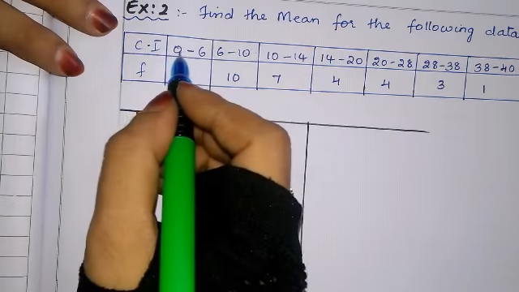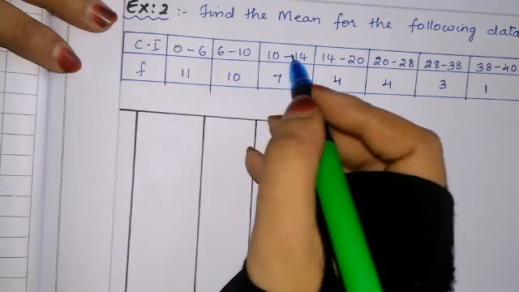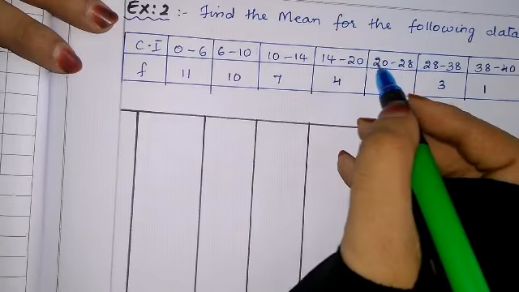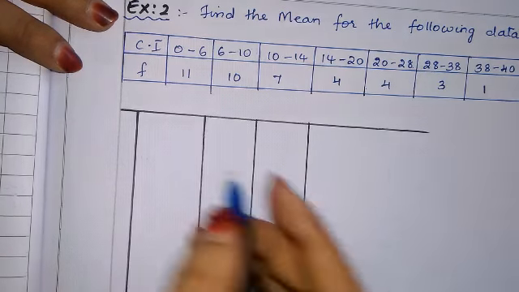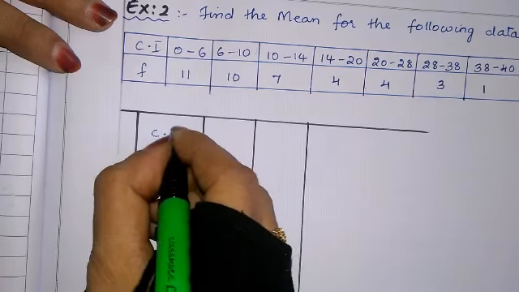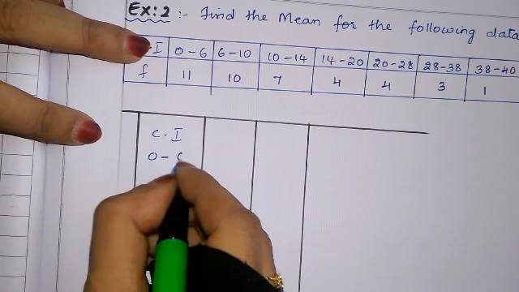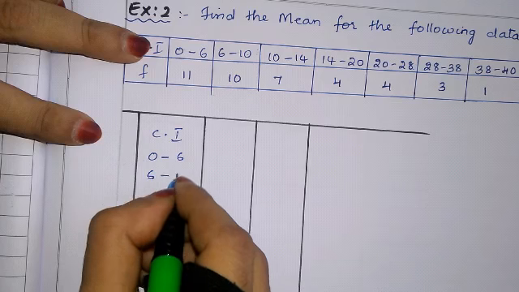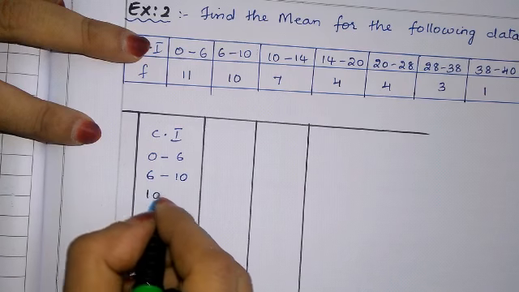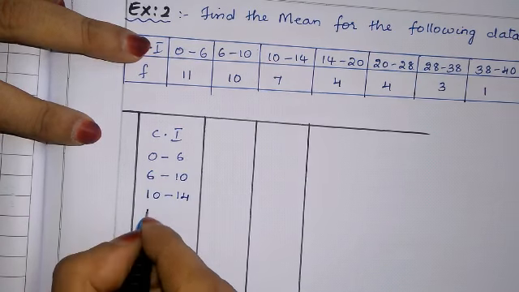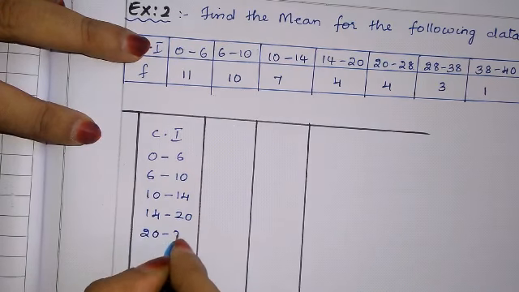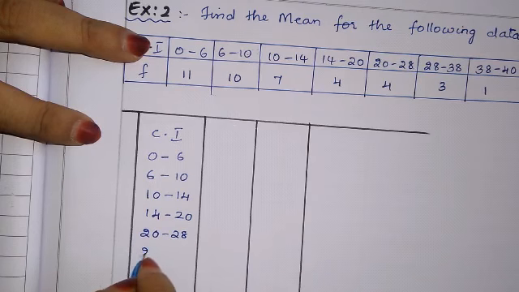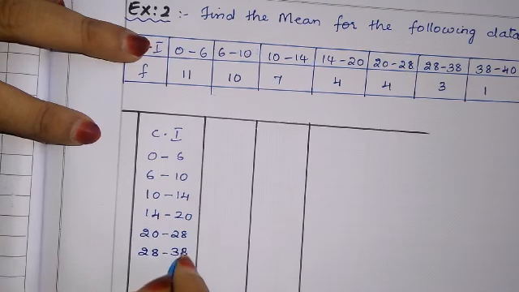Here they have given class intervals 0 to 6, 6 to 10, 10 to 14, 14 to 20, 20 to 28, 28 to 38, 38 to 40. Let me write the class intervals first.